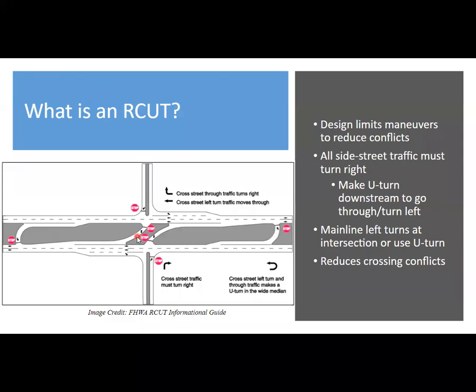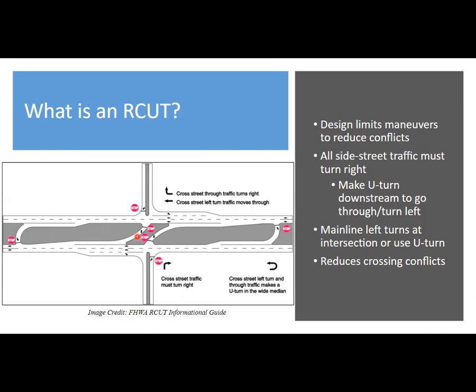Now, what you're doing essentially is not eliminating the conflicts. You're not necessarily eliminating all the conflicts, but you are trading some conflicts that might have been of crossing type, where you could have really fatal type collisions, because you had maybe a T-bone occurring, or 90-degree angle collisions happening.